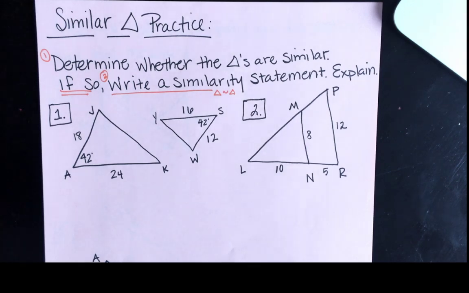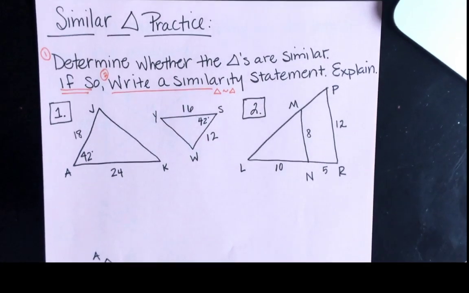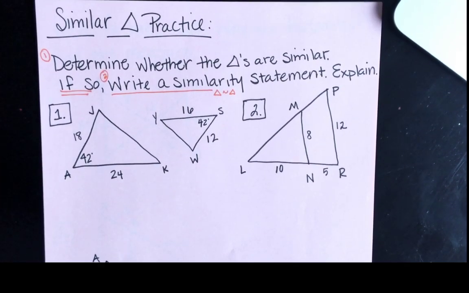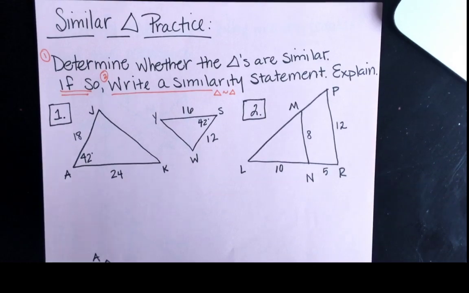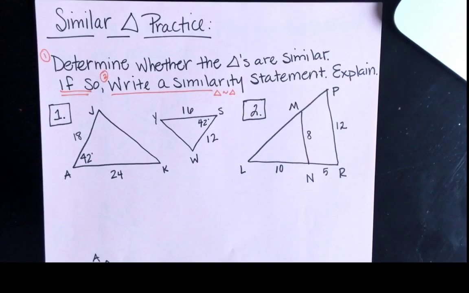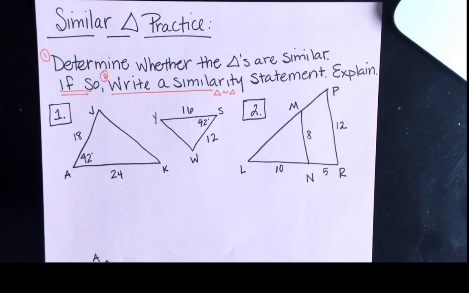So talk to me here. For number 1, if you had to take a guess, just going on the hints, let's pretend I'm not going to give you anything else. Tomorrow you're in class and I'm going to give you a quiz. I wish we were all in class tomorrow, but let's pretend. Anybody know what number 1 would be if I had to choose whether the triangles were similar?